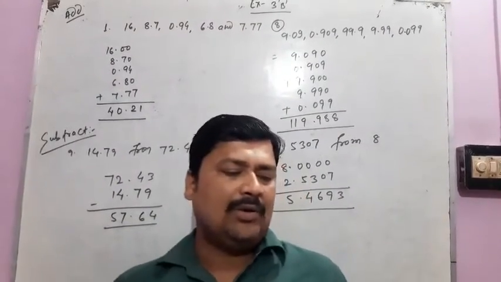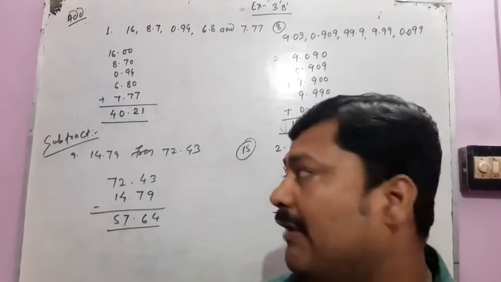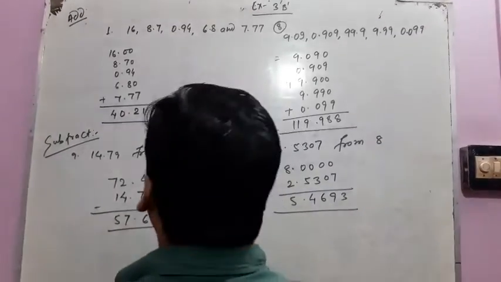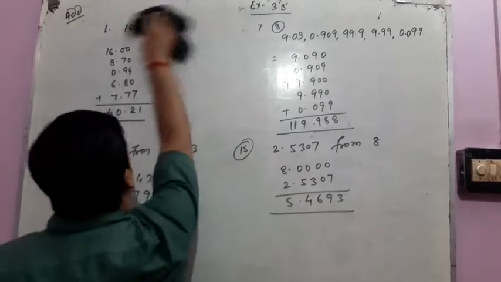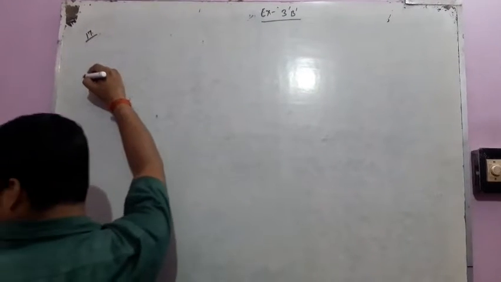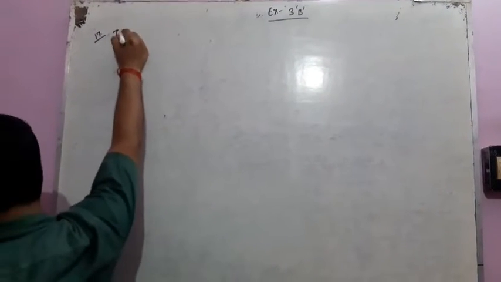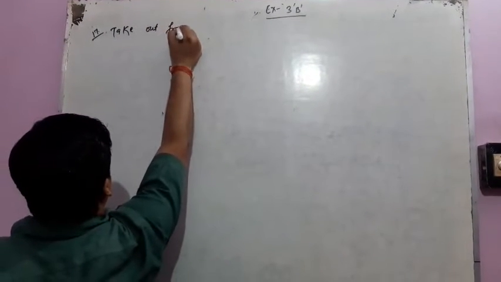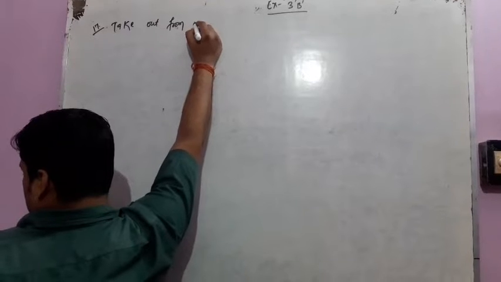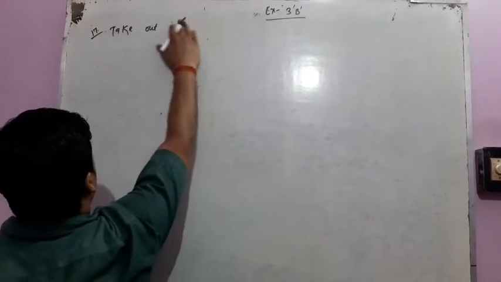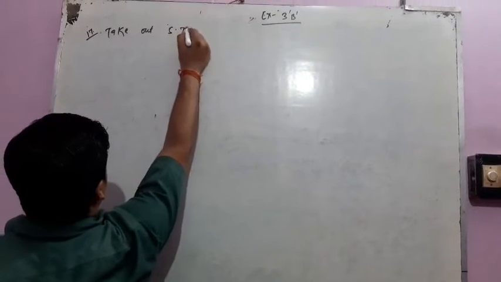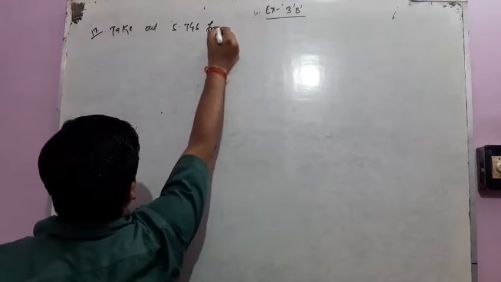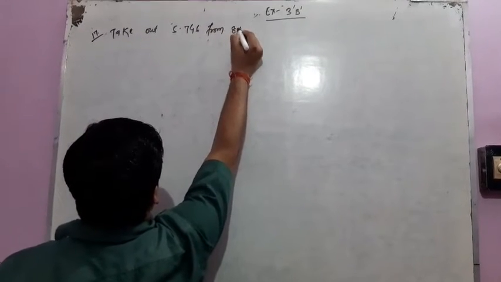Okay. Now look at question number 17 here. In question number 17, take out 5.746 from 8.1.